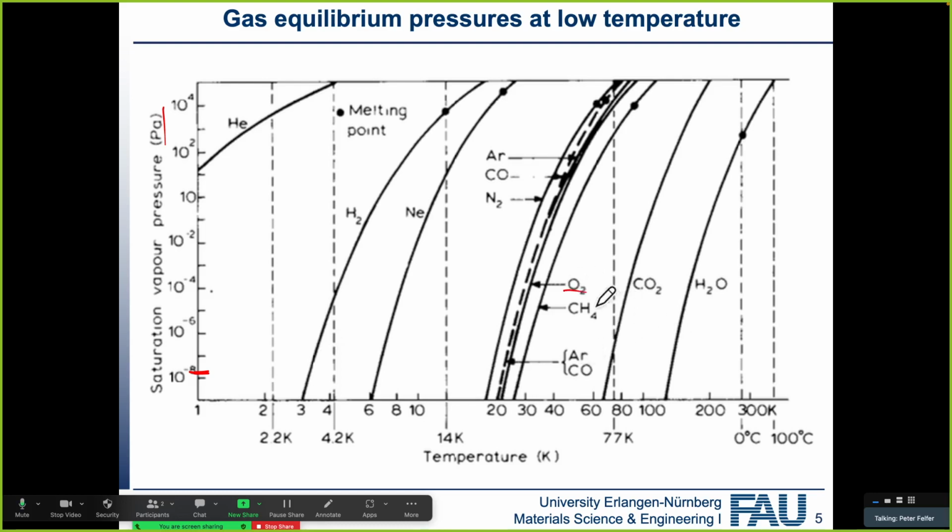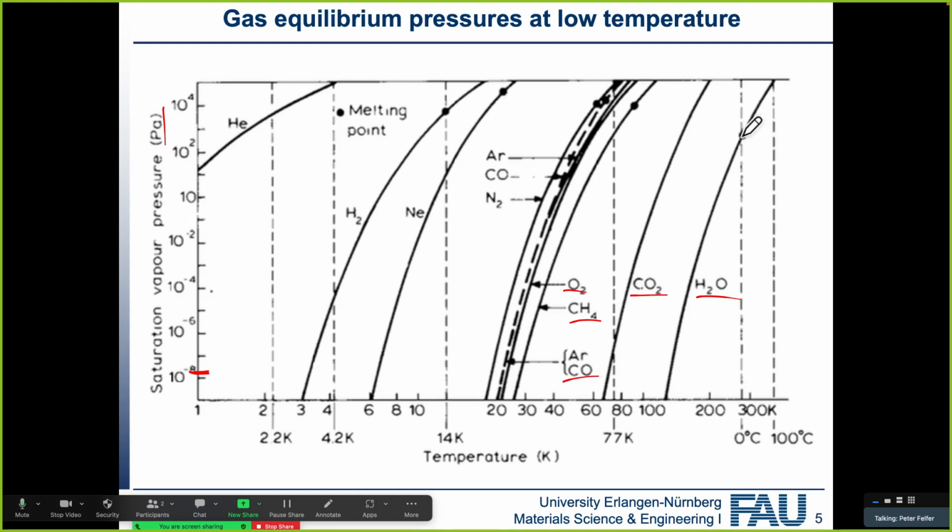Similar things hold for oxygen, methane, argon, CO, CO2. But if you look at water vapor at 300 Kelvin, where we're at, then we already have a much lower equilibrium water vapor pressure.